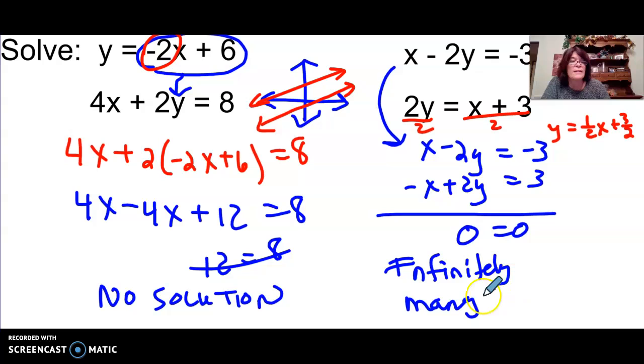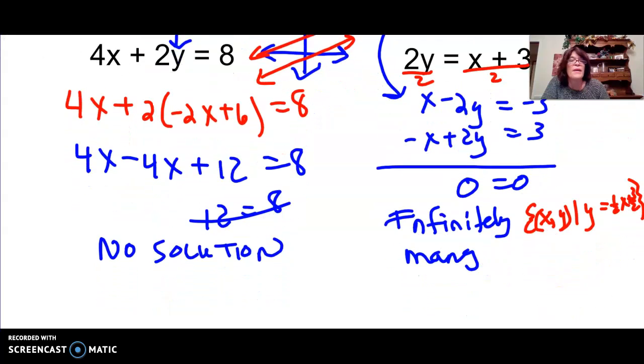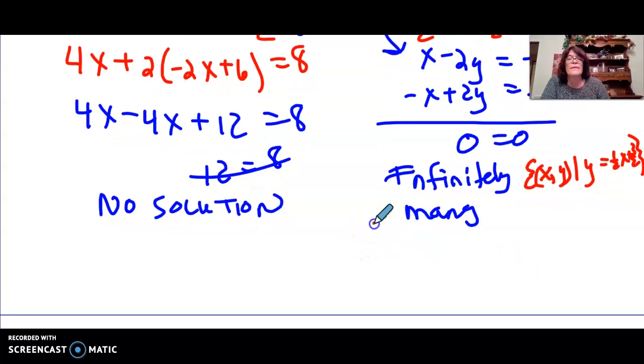So what we say is there are infinitely many solutions, and the answers are all ordered pairs (x, y) such that y equals 1/2 x plus 3/2. Okay, let's write that better, please. Here's how we write that.